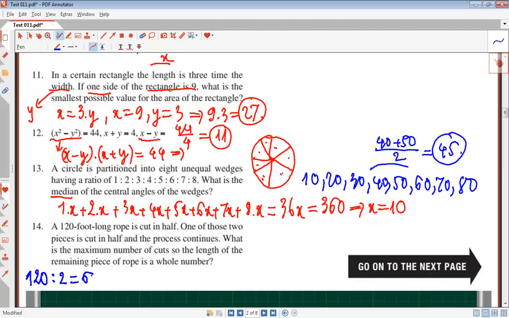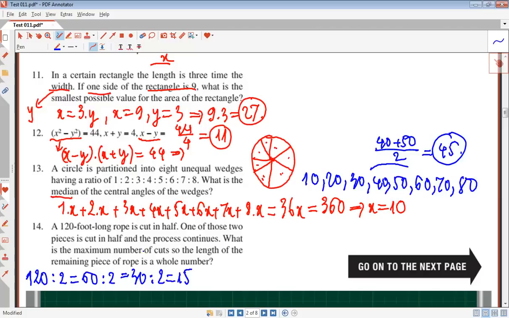One of those two pieces is cut in half, divided by 2 again. We have 30, and the process continues. Divided by 2, it is 15.